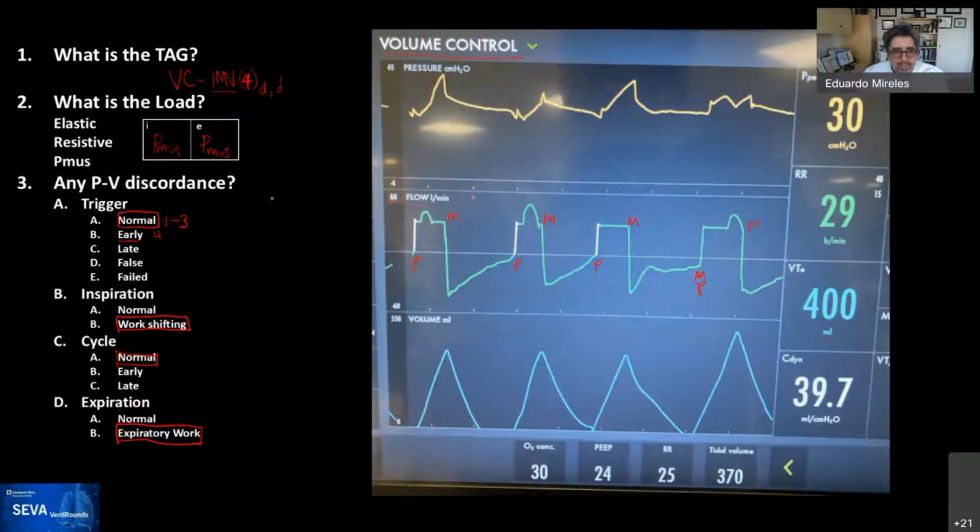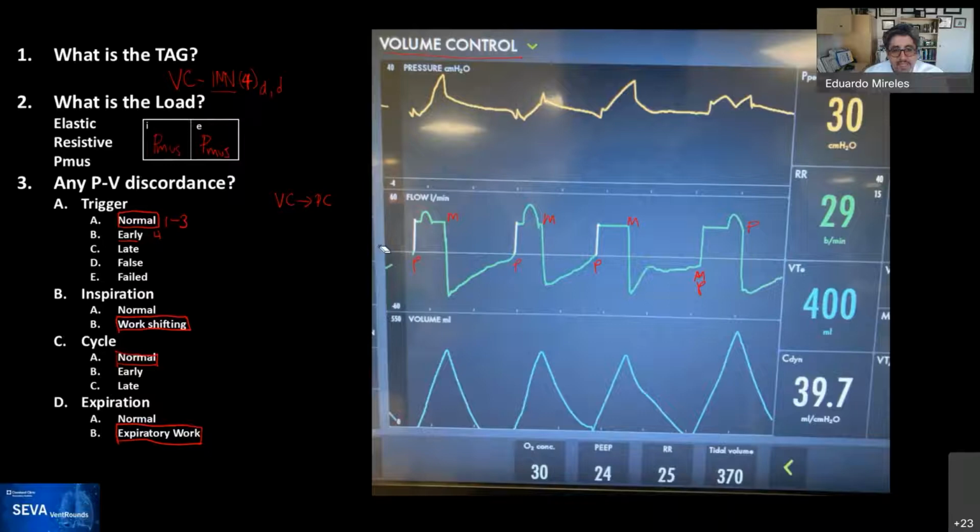Dual means that you switch from volume control to pressure control during inspiration. So as you very appropriately recognized, Samir, it goes from volume control, the flow is well controlled, to pressure control right here during the breath.